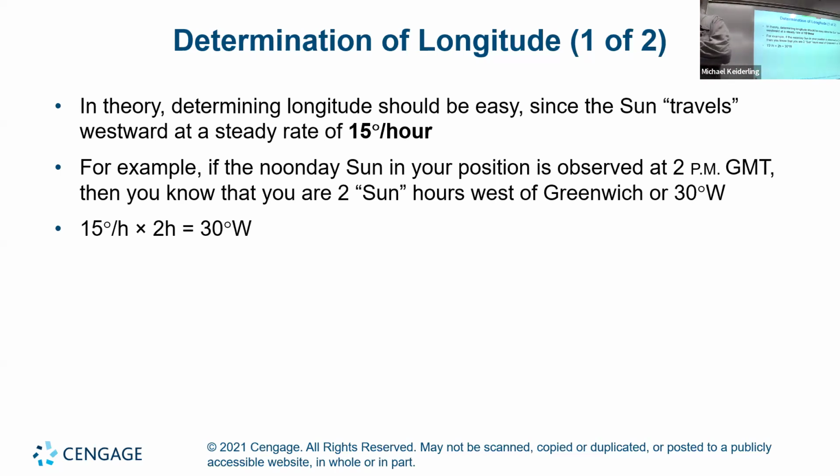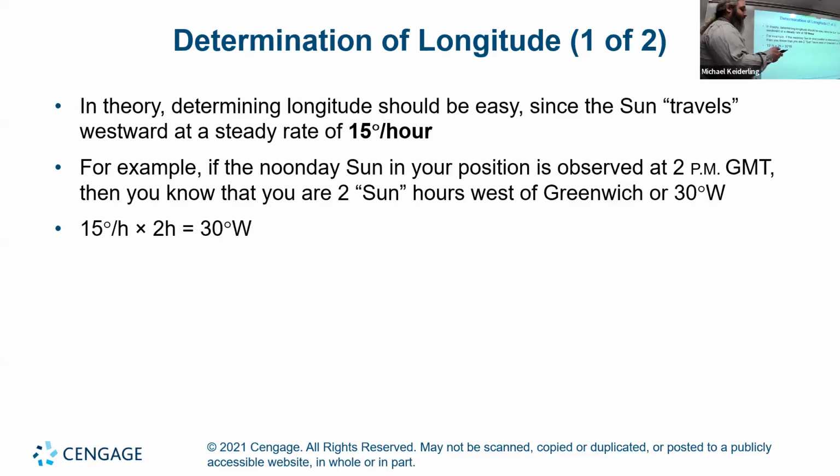But if you don't, because building one of those is actually really hard, then it actually is really hard to do. So there was this longitude problem. It took them a very long time to get a good way to get longitude.